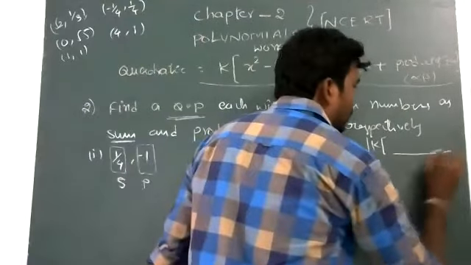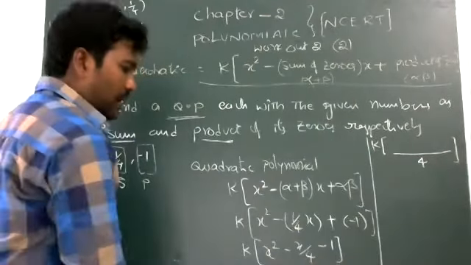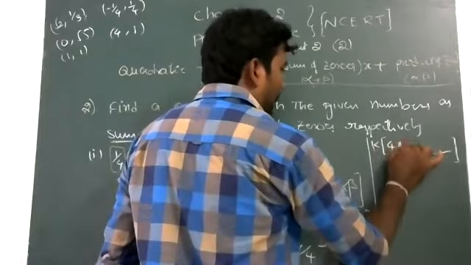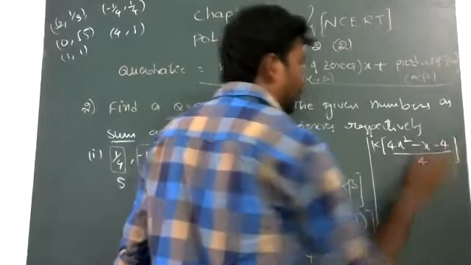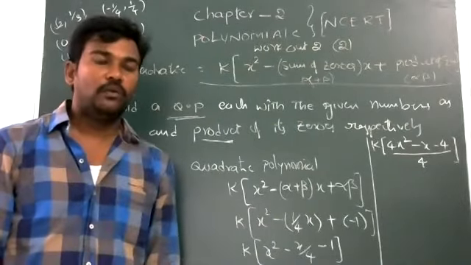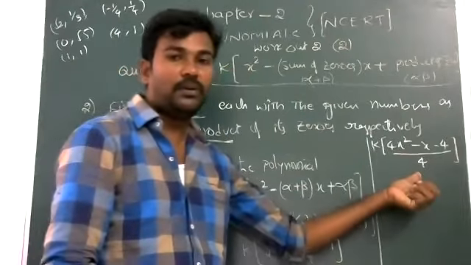LCM of this is 4. Now 4 into x square, 4x square minus x minus 4. So what is the k value? What we discussed first: k stands for the denominator of the polynomial.